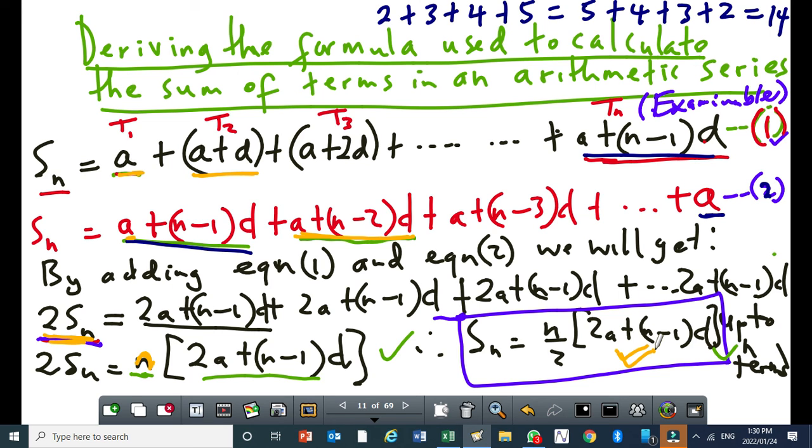Instead of adding 20 plus 20 plus 20 plus 20, we just say 20 rand times the number of people you gave the 20 rand. That's the same concept. Right? So this 2a plus n minus 1 times d is like the 20 rand. But there are n of them. So it will be 20 rand times n, which gives you 20n.